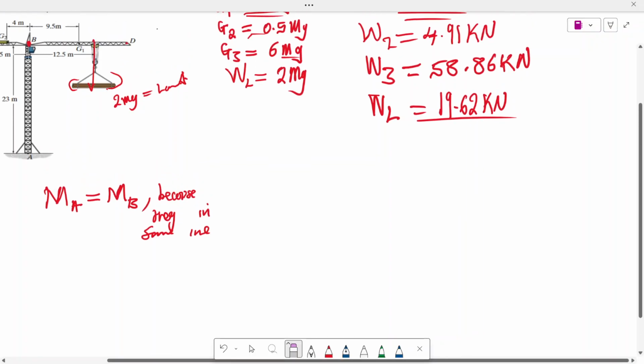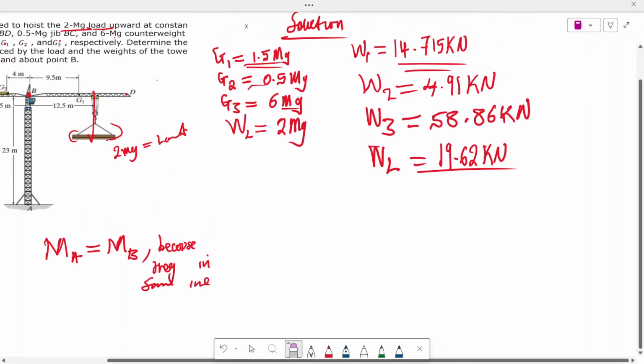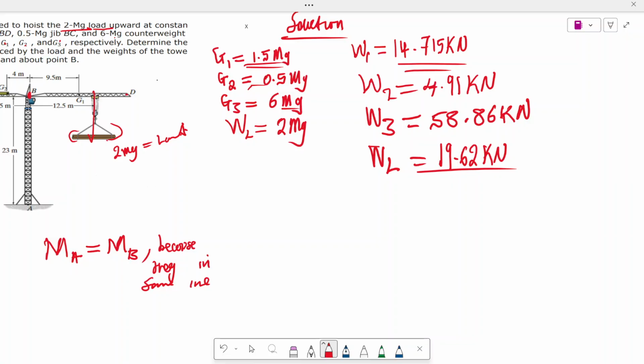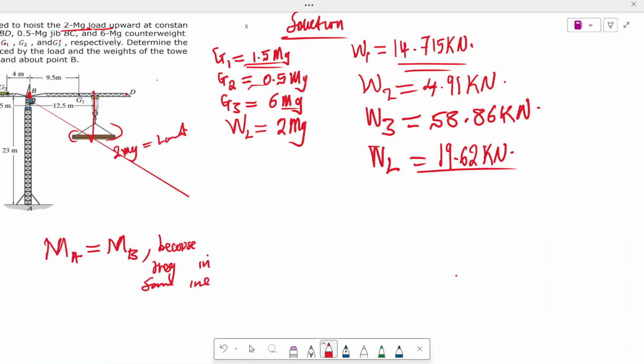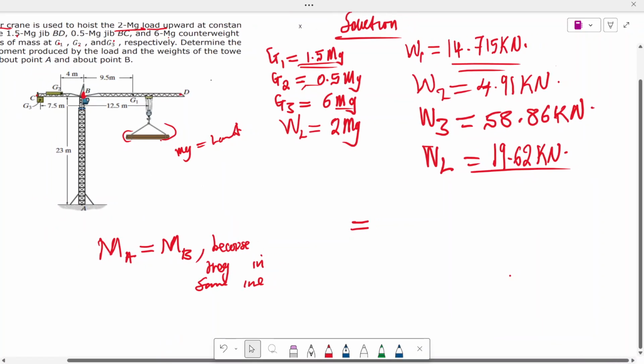Our next thing is for us to find the moment of the same forces that we have found about point B. Moment of the force is the product of force times perpendicular distance.